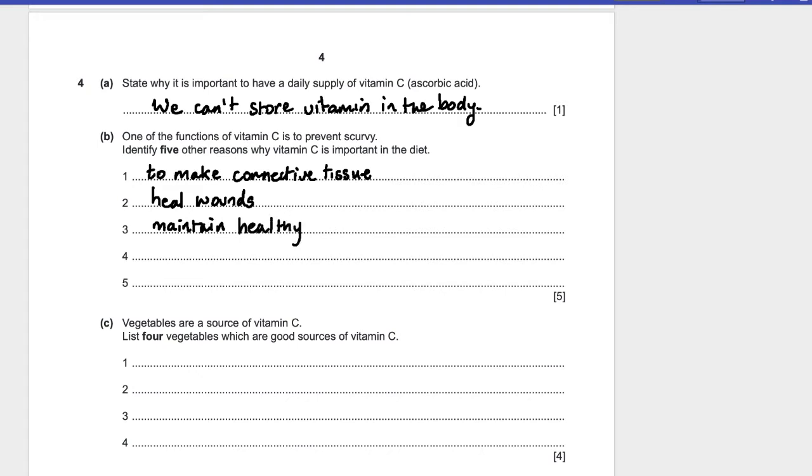To maintain healthy skin. To help with healthy gums. And lastly, to aid in the absorption of iron.